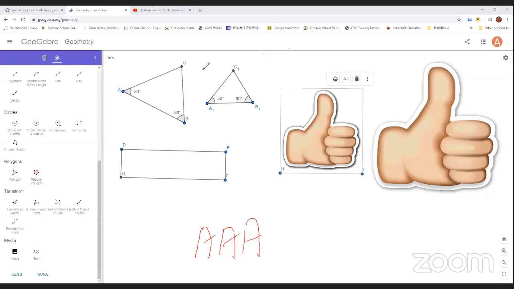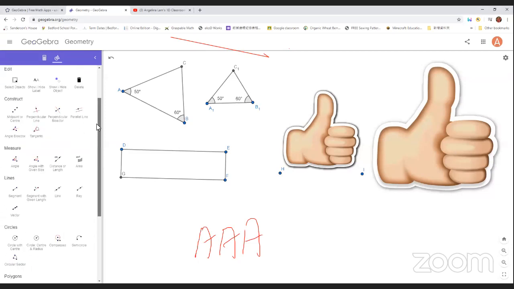Now here, I want to show you what does that mean, right? Now, if we have, can you see that there's a triangle here? I want to move it.